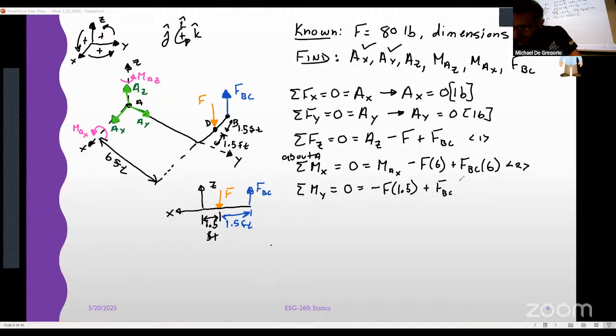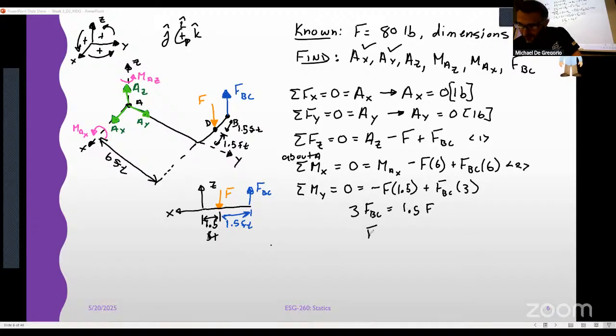plus FBC times 3. Well, this is very interesting because I only have one unknown in this equation. So I'm going to solve it right now, right? Because 3 times FBC is going to be equal to 1.5 times the force that's applied.